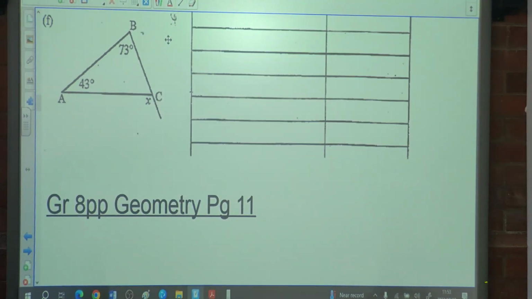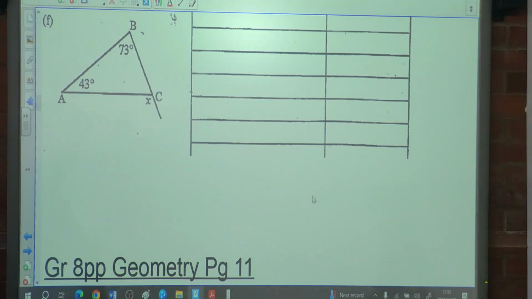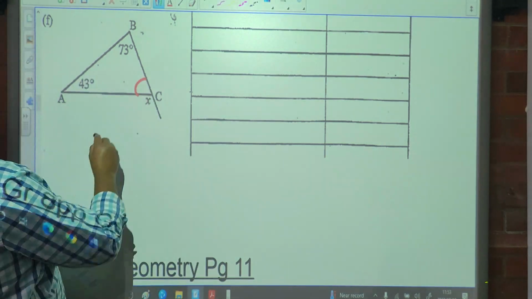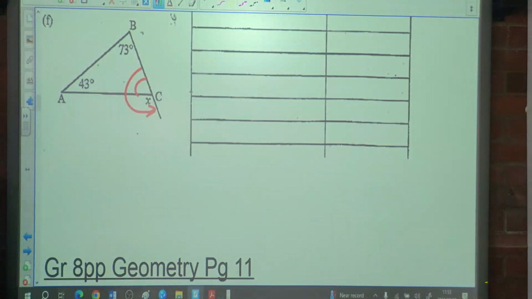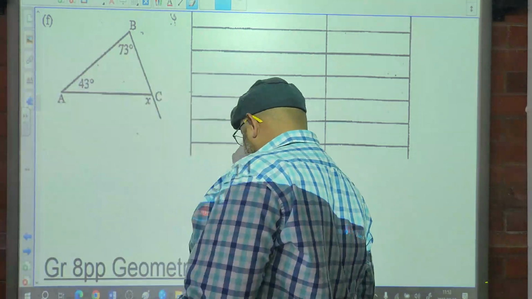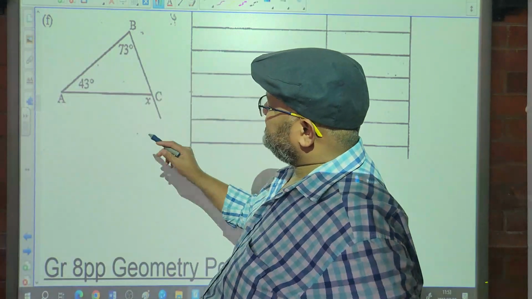Looking at F. So here's two ways of doing it. I can either calculate angle BCA first and then go with angles on a straight line, or I can just apply the rule that I exposed you guys to in the last lesson. What did we do?